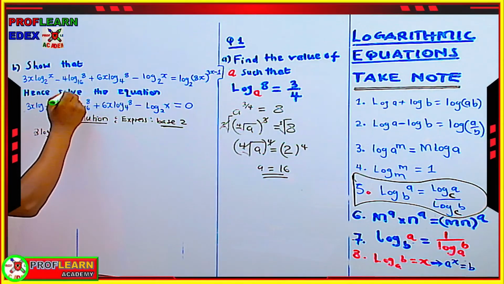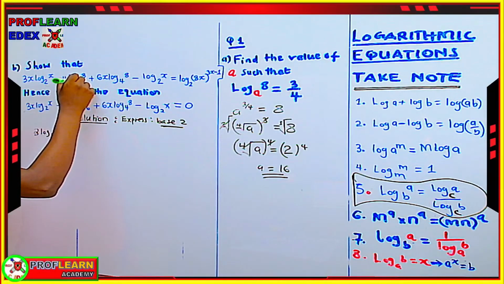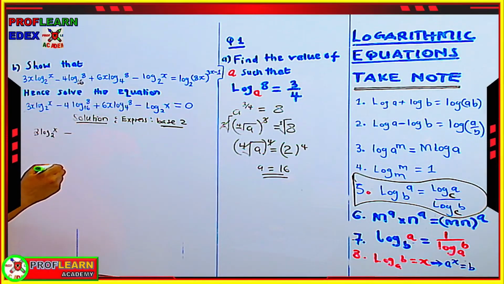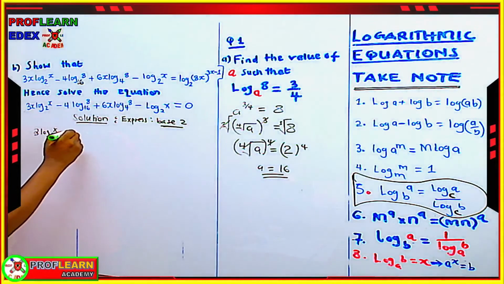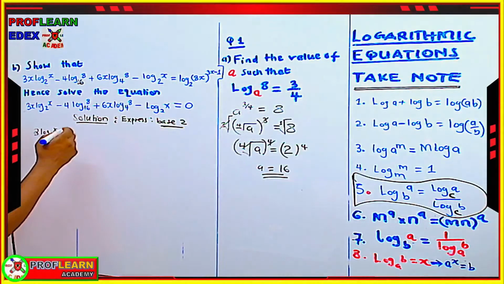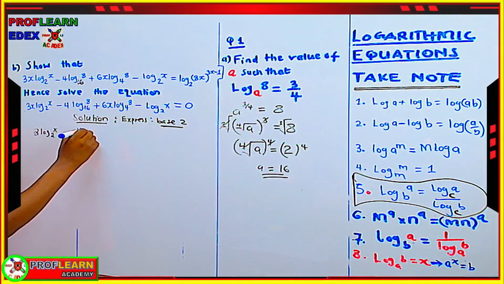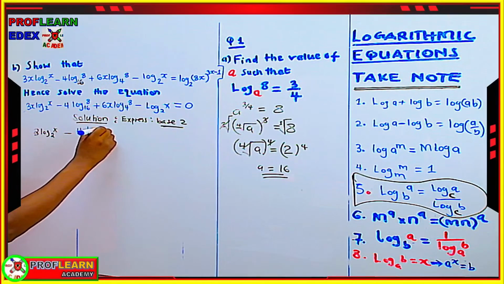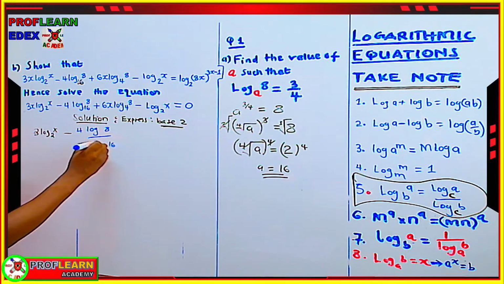Then plus 6x, but this is base 4 and I want base 2. So I'm going to say log 8 over log 4, then I introduce base 2 that I want. Minus log of x base 2. Already it is in the format that it was.